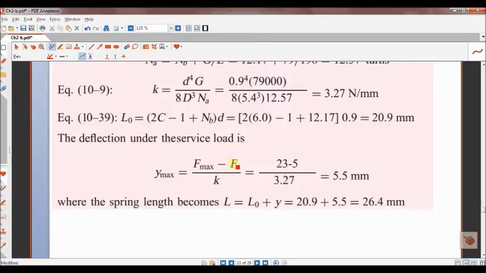So we find the applied load minus the initial tension, divided by the spring rate. It gives us the deflection. So the spring will deflect 5.5 millimeter if we apply 23 Newton. The free length plus the deflection gives us the length of the spring after applying this 23 Newton load, so the length of the spring will be 26.4 millimeter.